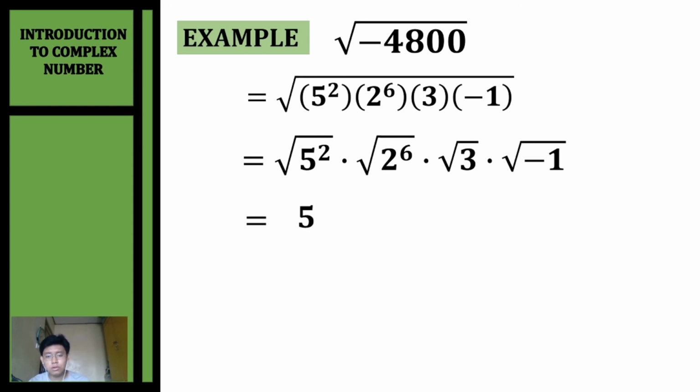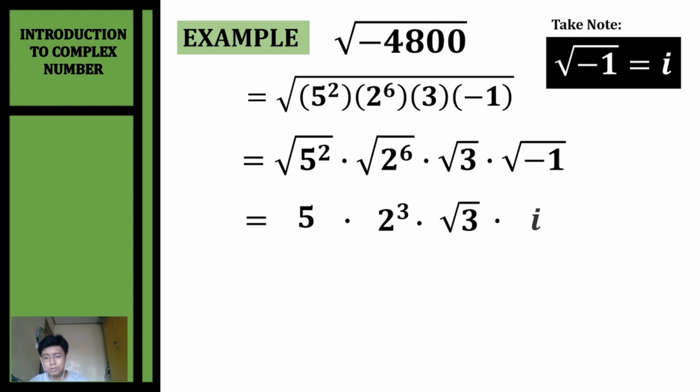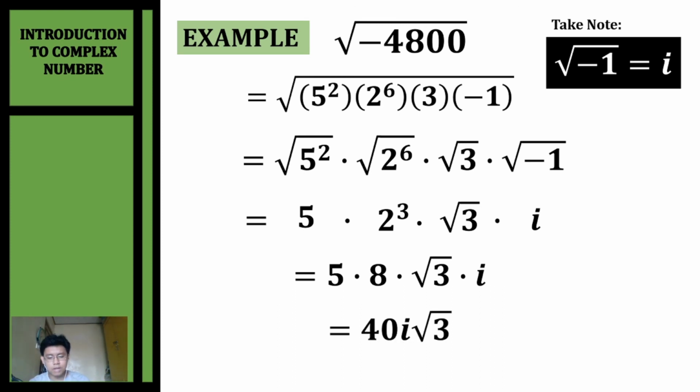The square root of 2 raised to 6 is 2 cubed. The square root of 3 is the square root of 3, and the square root of -1 is equal to i. From there, let's simplify. We will have 5 times 8 times the square root of 3 times i. Let's multiply, and we will have our final answer, which is 40i times the square root of 3.